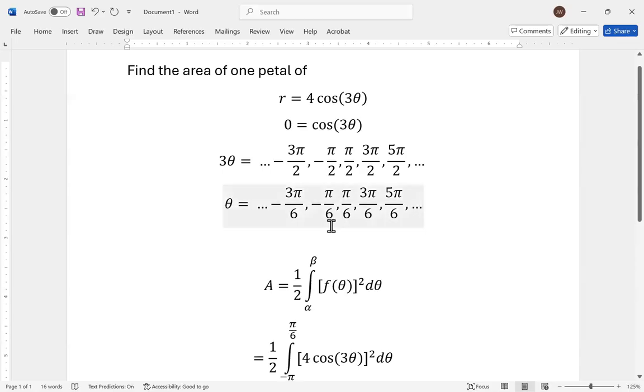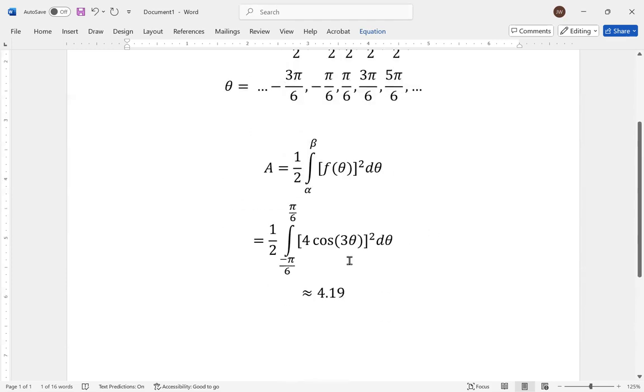And then between any two bounds, that would work. Now, that works on this case because we cross over the origin a bunch of times. So we're trying to figure out when r is equal to 0. So that's the algebraic work if we want to find these bounds algebraically.